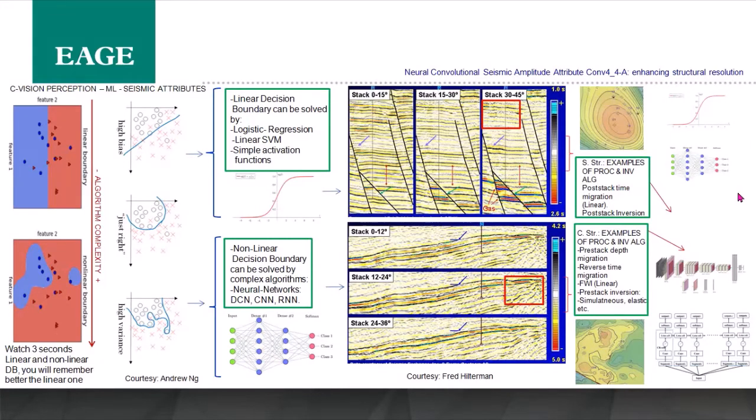Let's go on with the parallelism in deep learning and seismic attribute analysis considerations. We can go through the slide in the vertical direction and analyze each column in the vertical direction, or we can go through the slide in the horizontal direction and analyze each row in the horizontal direction.